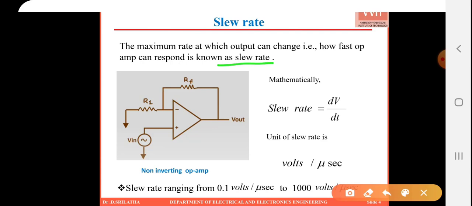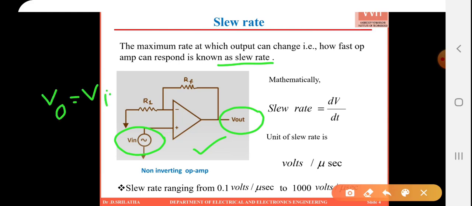So here is the non-inverting operational amplifier circuit. Vin is the input and Vout is the output. Here if the output exactly follows the input, it is known as voltage follower circuit. For example, if you are giving a square input, we should get the square output from the voltage follower circuit.